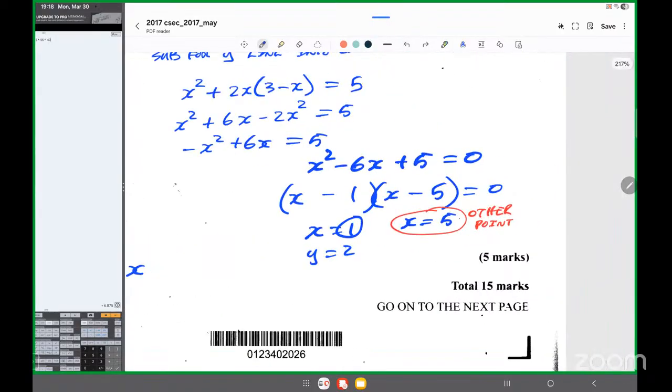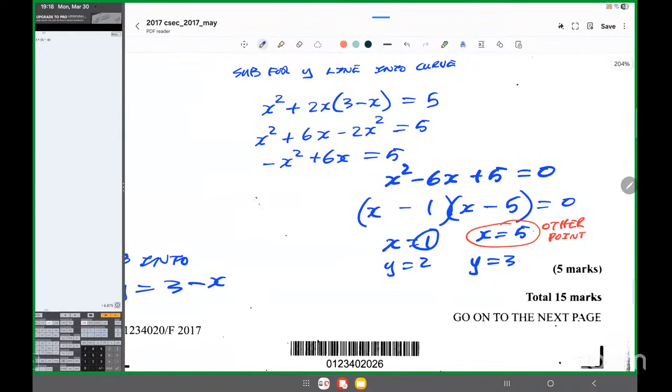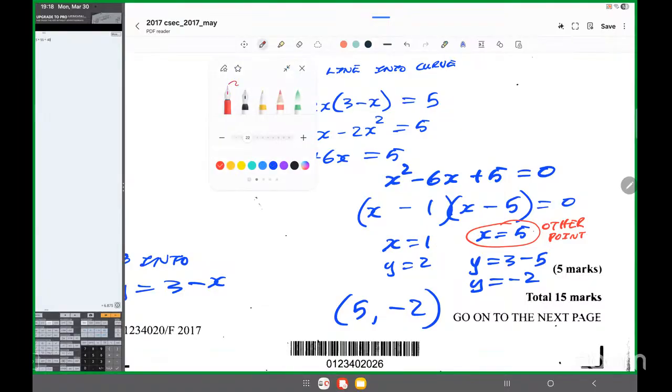So y equals 3 minus 5. So y equals minus 2. So the other point is 5, negative 2. This becomes the other point.